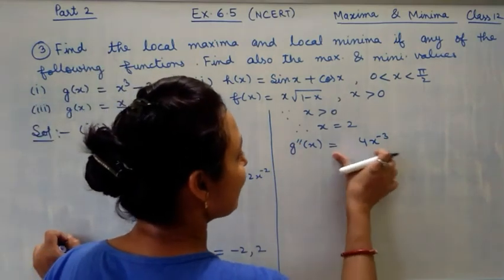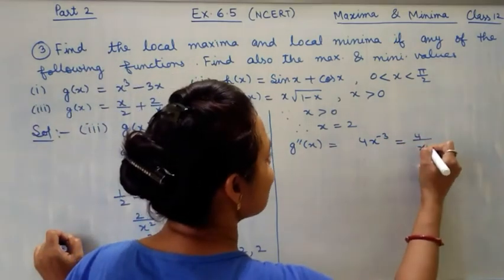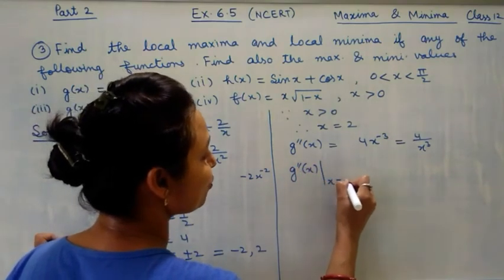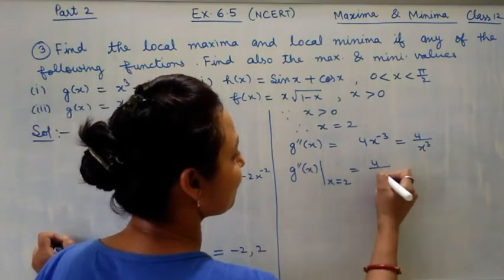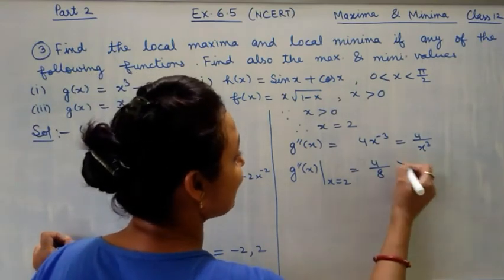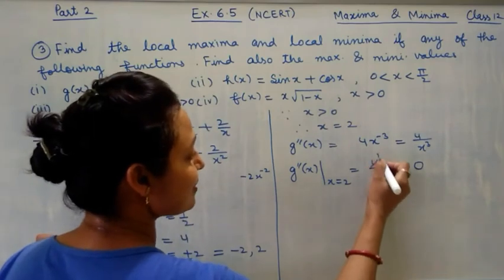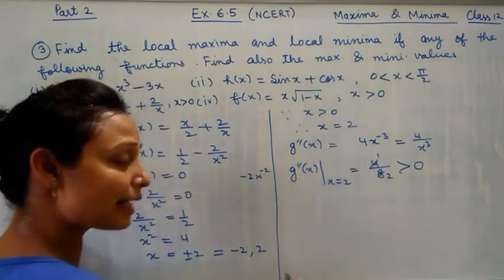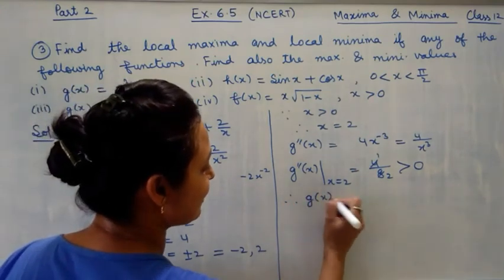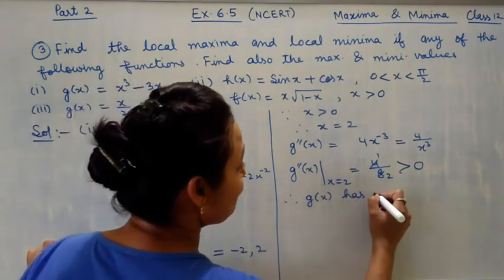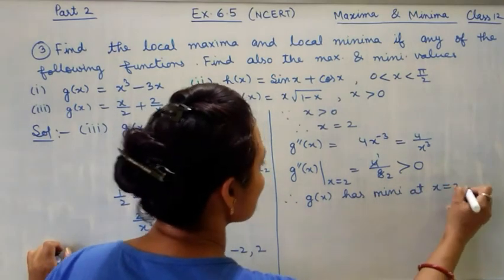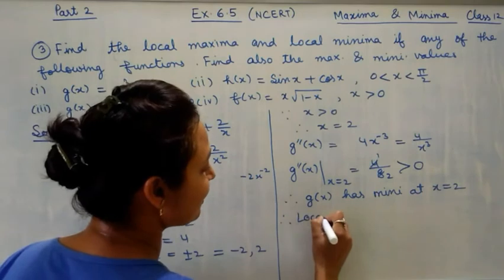It will equal 4 upon x cube. When I put the value x is equal to 2, that gives 4 upon 8, which is greater than 0, right? 2 cubed is 8. So it is greater than 0. Therefore, g(x) has a minimum at x is equal to 2, a local minimum value.